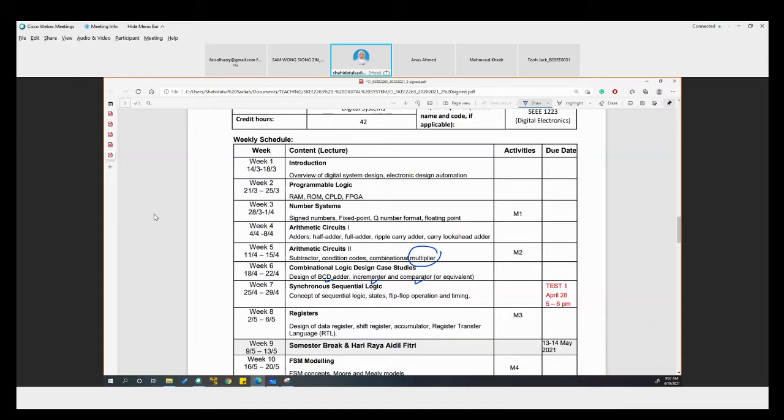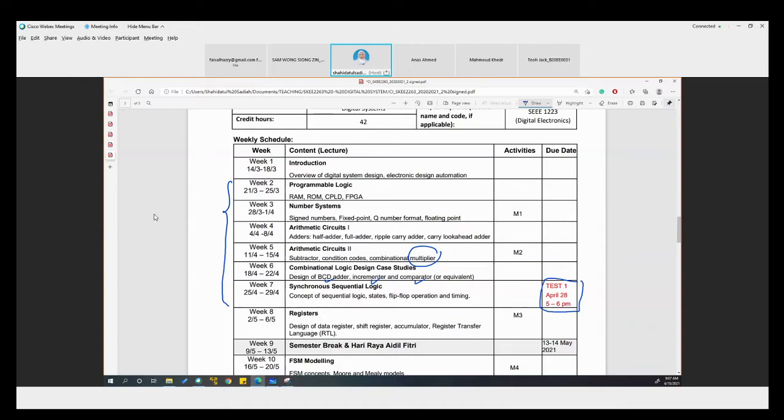I haven't heard any complaint about this test date yet. So I think it will stick to this date and time. And the range is from week 2 until week 7.